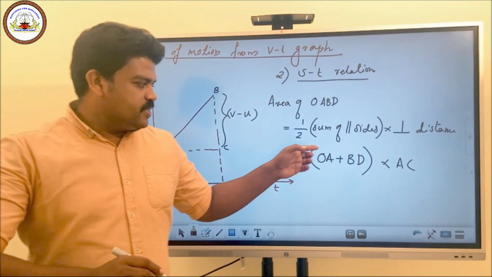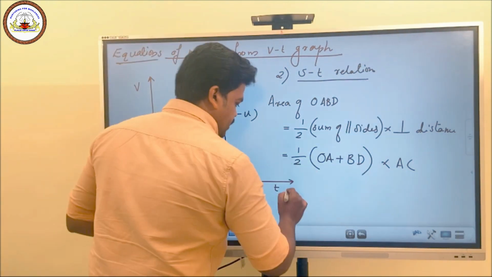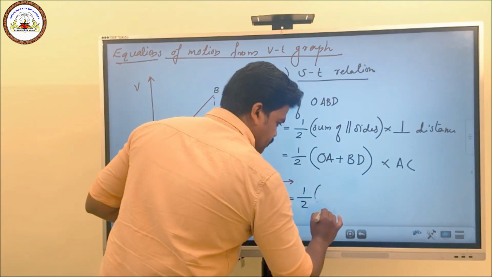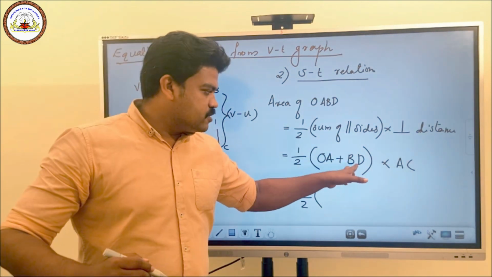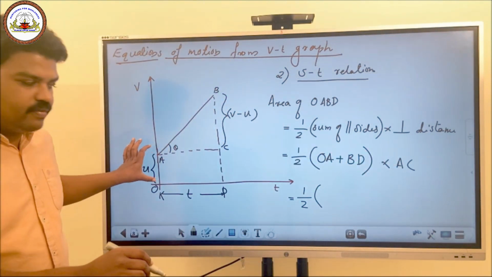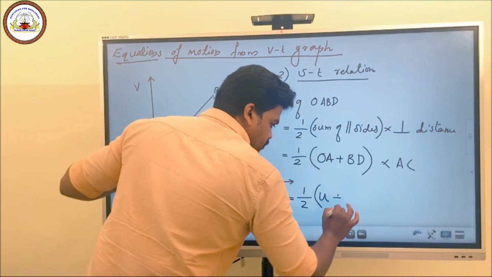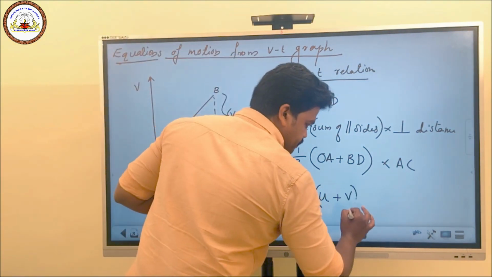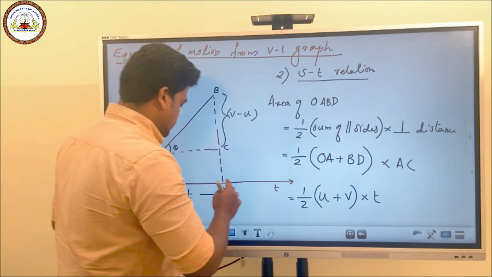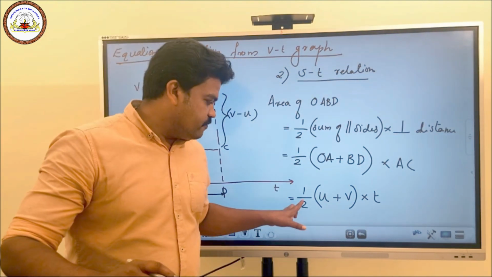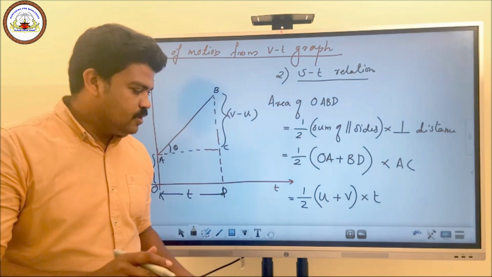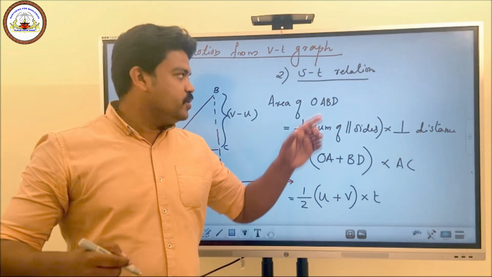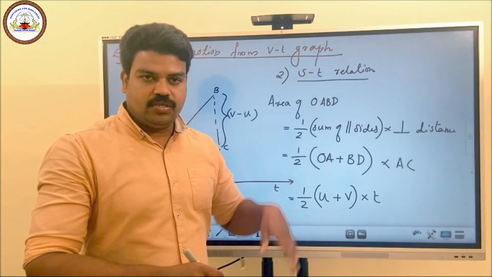So it is half into OA plus BD into AC. OA is the initial velocity U, plus BD is the final velocity V, into the perpendicular distance, which is time t. We can rewrite this as half into (U plus V) into t. And now V must be replaced to get the position-time relation.